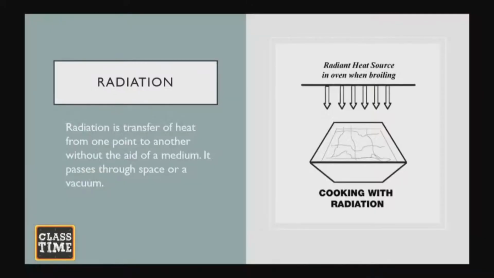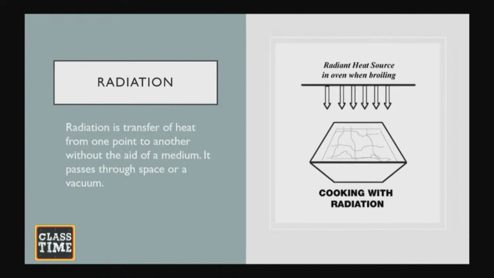And now with radiation, which I believe is the easiest one out of the three to remember, it's just a direct heat source. It's the transference of heat from one point to the other. They don't need any medium. It's just using the direct heat source from one medium to another. So once you turn on that gas stove, and if you can't go outside and have a wonderful barbecue or even a campfire, I do it with my son all the time.